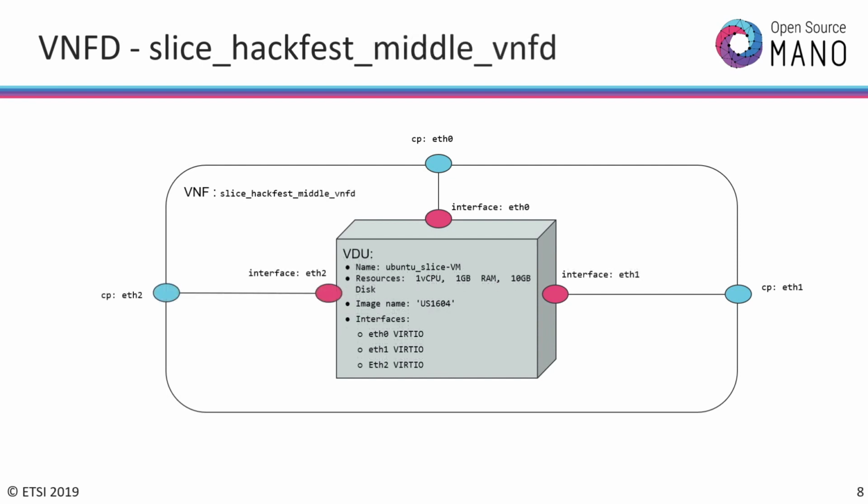The middle VNF will have 3 interfaces: eth0 for management, eth1 for data, and eth2 for data 2. We will use the same Ubuntu 16 image as the Slice Hackfest VNFD, and also the same amount of resources: 1 virtual CPU, 1 GB of RAM, and 10 GB of disk.